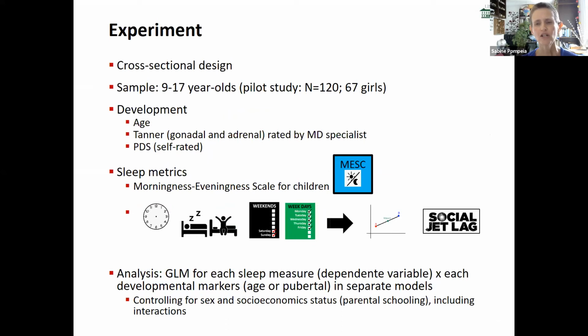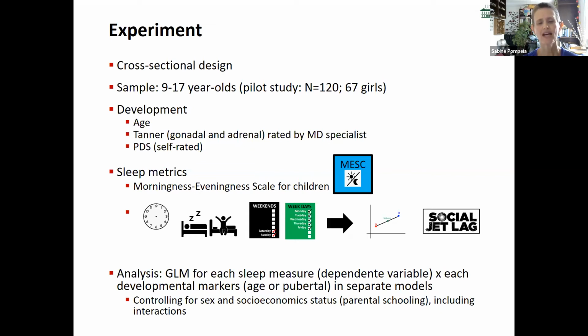So trying to look at this issue in more detail, we conducted a cross-sectional study with a sample of 9 to 17-year-olds, so spanning all of pubertal stages. Our measures of development were age in months, Tanner ratings, and also scores in the PDS.